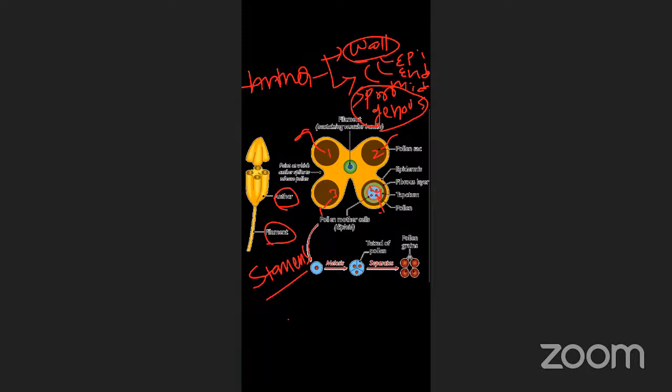And the next one, after wall layers, sporogenous tissue. If we take the diagram, this is all together anther wall. So first layer epidermis, second elongated cell endothecium, and these small cells are middle layers.